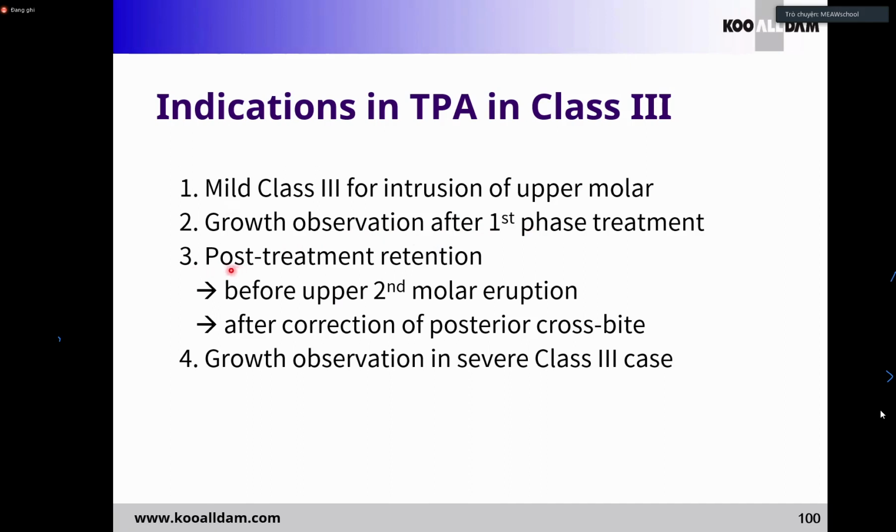Third, post-treatment retention appliance, especially before the upper second molar eruption and also after correction of posterior crossbite. At that time, we may use TPA and lingual arch. And four, growth observation in severe class 3 surgery case.